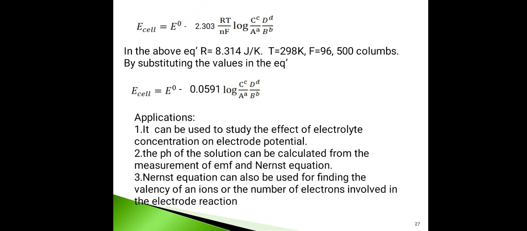If we rewrite that, E cell equals E naught cell minus 0.0591 into log of the concentration of Zn2+ divided by the concentration of Cu2+. This equation is going to be very important.